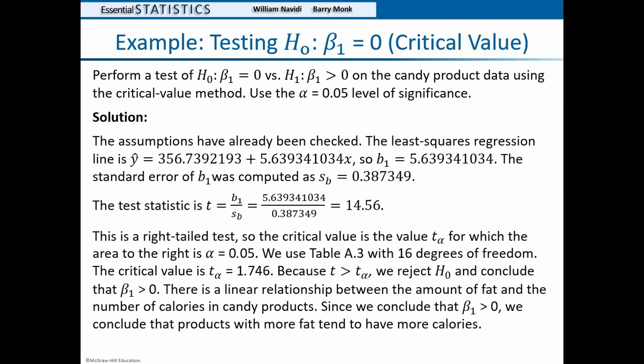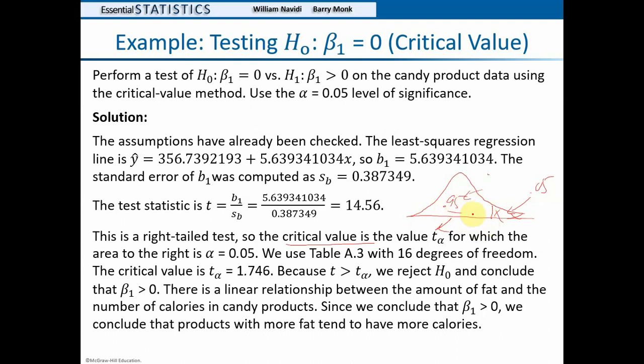Critical value method, everything is going to be the same, except first of all, we have to find the critical values, right-tailed. Nothing else is going to change except I want to do a t alpha. I go back, I look for the tail. All of this is 0.05, so 0.95 is in here.